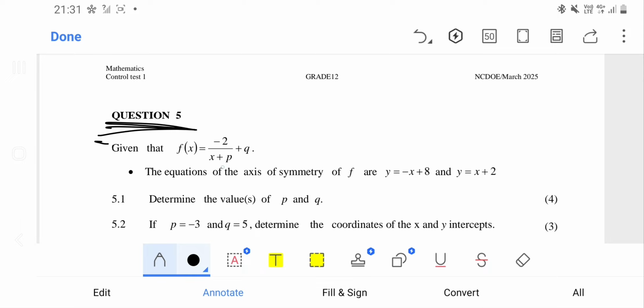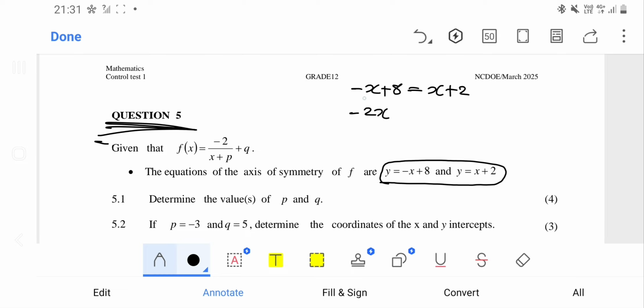For the values of p and q, we know that these two equations intersect. So we say negative x plus 8 is equal to x plus 2, and then we work out the value of x.